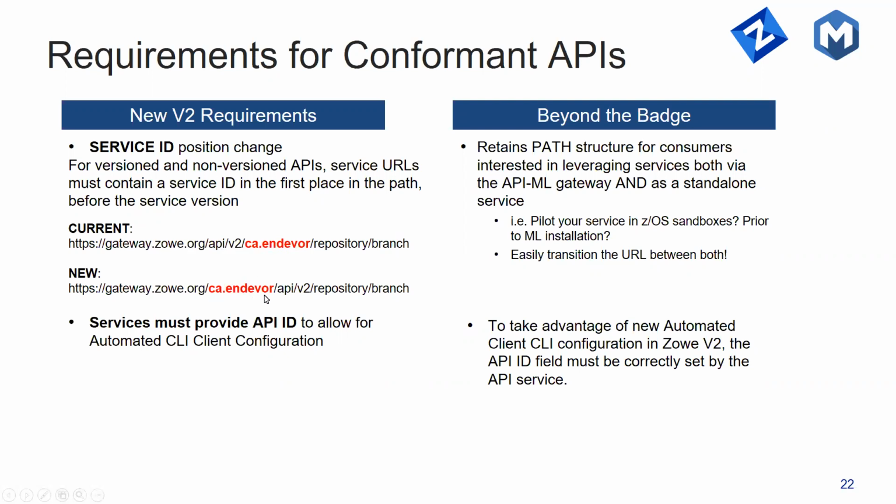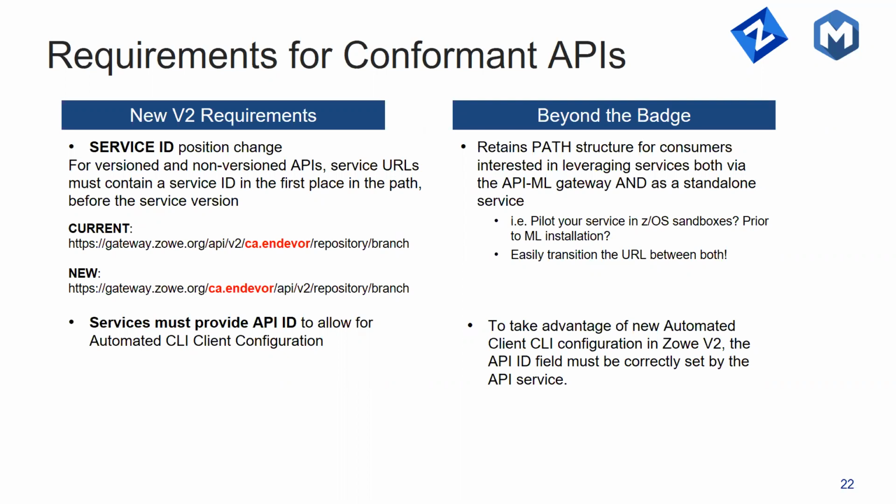So that's what we're going to be asking for V2, and the reason we're doing that is we'd like to have a standard path for services that are running through the mediation layer, but also standalone outside of the mediation layer. So it'd be easier to move that service across if you ever need to. And generally, it's easier for us to communicate if we have that one standard position for the service ID.